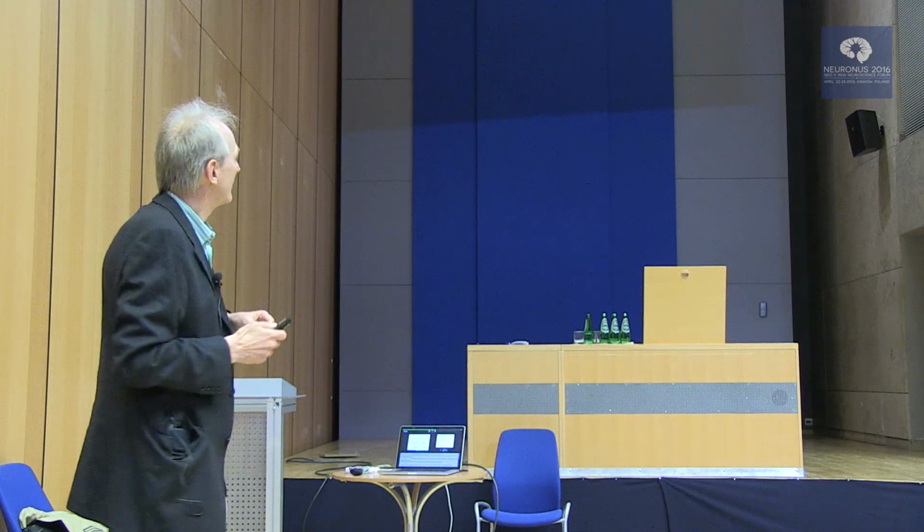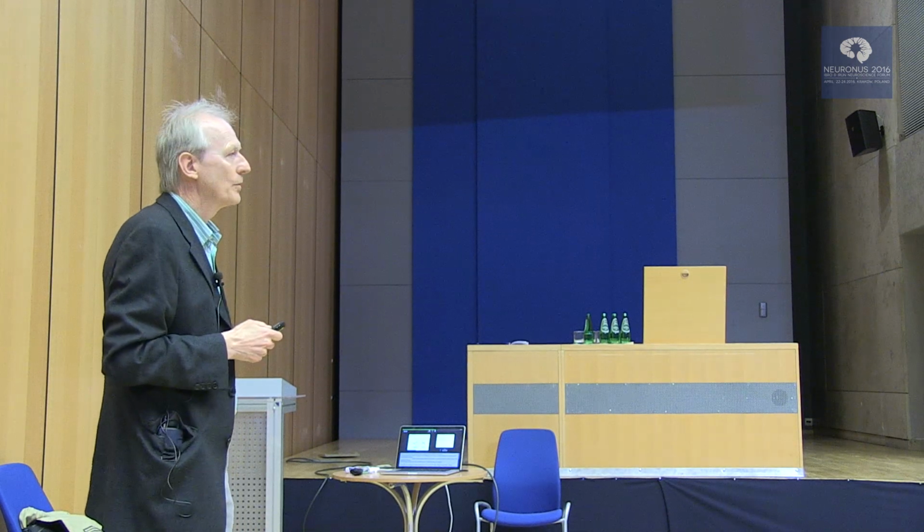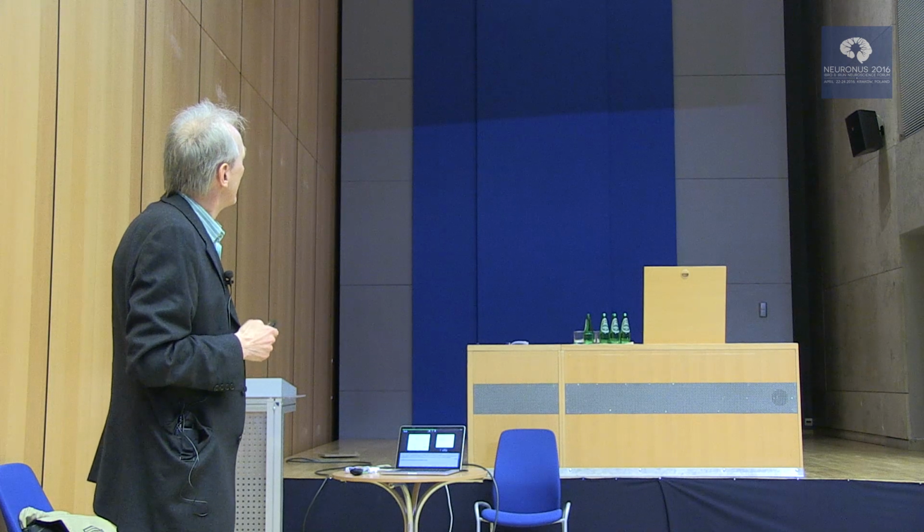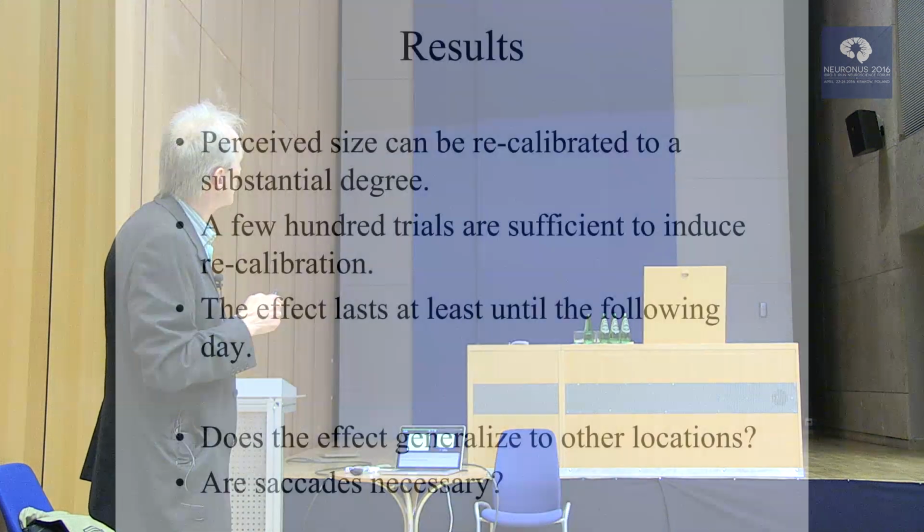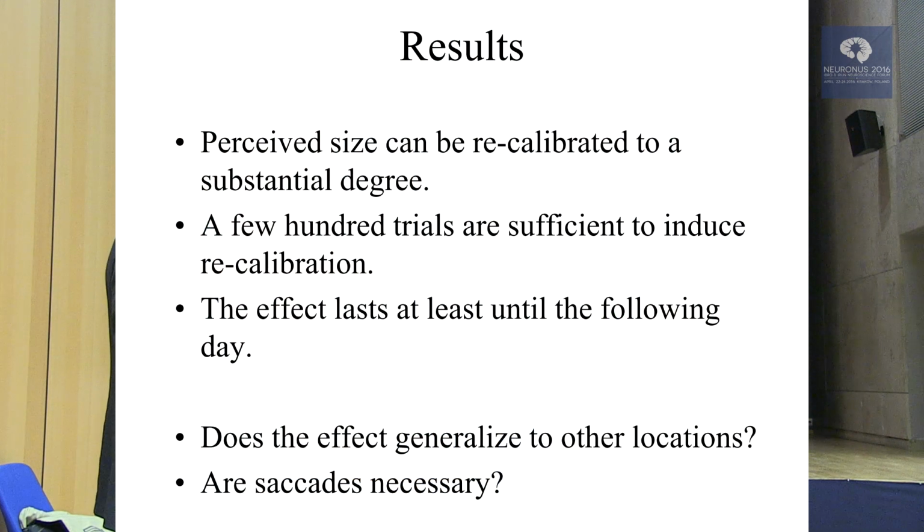So now we're giving our observers mobile eye tracking equipment, and we're measuring the distribution of saccades people make during the course of the day to differentiate between these 2 conditions. Now this basically shows that there is such a recalibration process, and that could be the basis for our perceptual uniformity. And of course, this opens up many, many further questions.